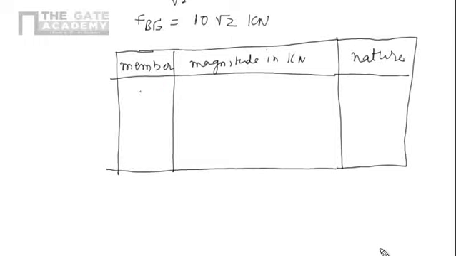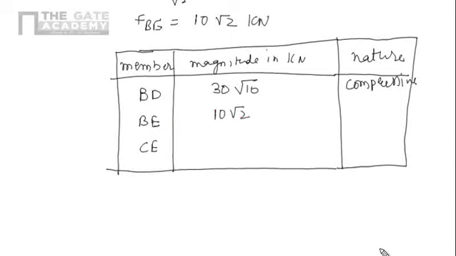We are interested in the forces in BD, BE and CE. For BD, the magnitude we are getting is 30 root 10, and it is coming negative, so it is compressive. Similarly, for BE, we are getting the value 10 root 2 kilonewton, and the sign is positive, so it is tensile. For CE, we got 80 kilonewton, the sign is positive, it means tensile.